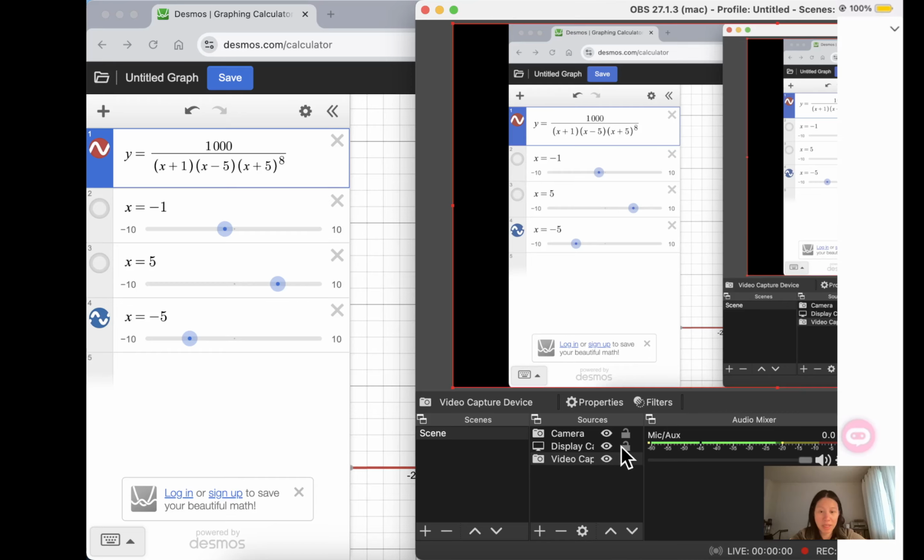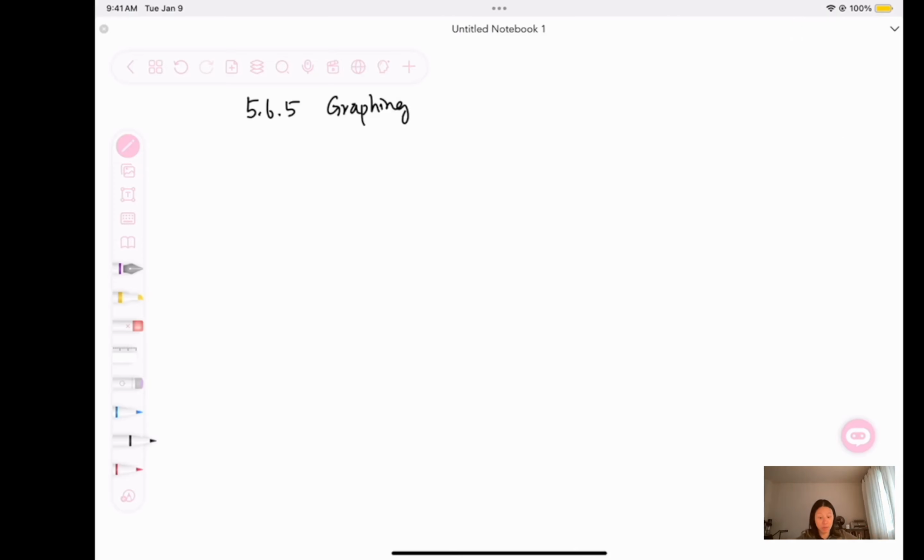So here is the pattern of the behavior next to the asymptote.